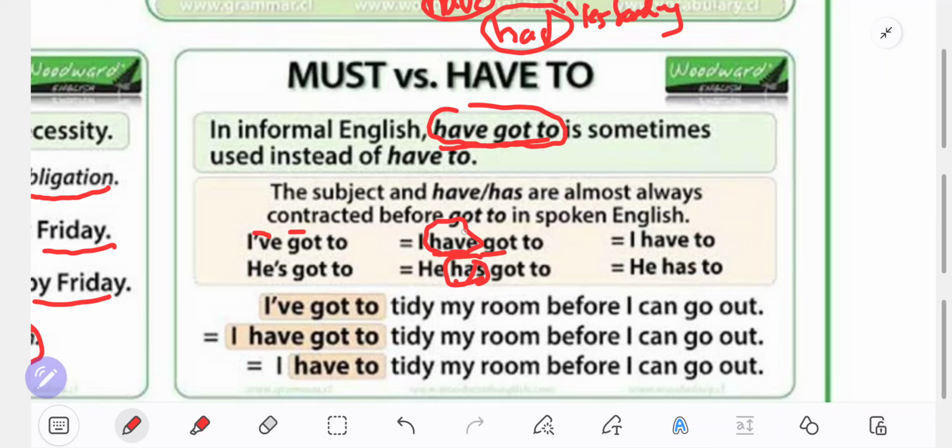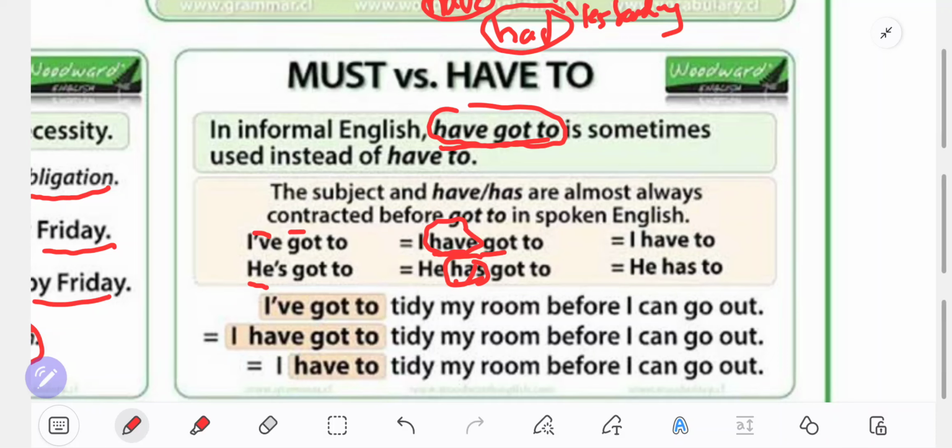You can see in this sentence, because it uses the word he, you must use the word has. Or if we make it a short sentence like this, he's got to. It has a similar meaning to he has got to, and also a similar meaning to he has to.